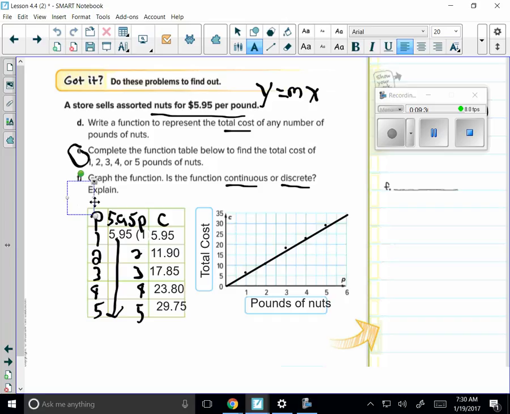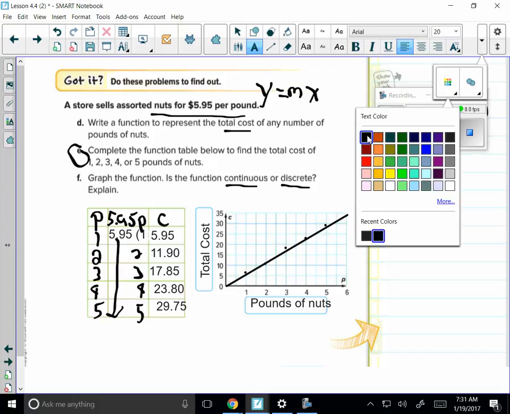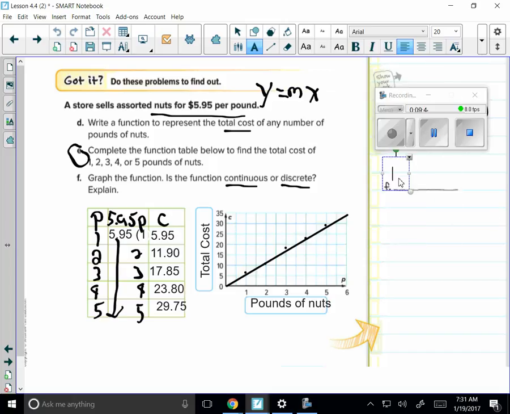If you have room to the side, you can. Underneath F, I guess we can move this over there. So our explanation, we're going to say continuous, because remember, continuous means that the line is connected. I got to change my font color. Sorry about that.